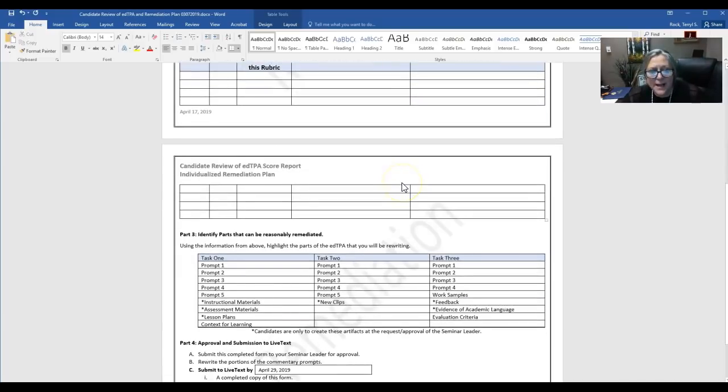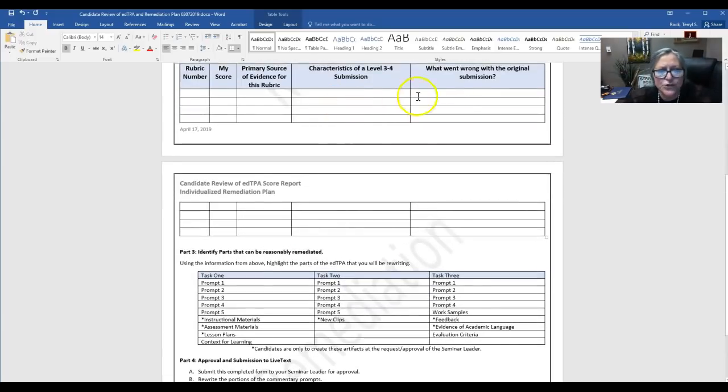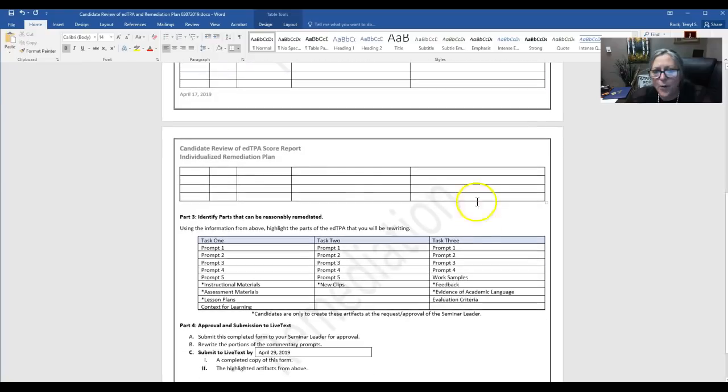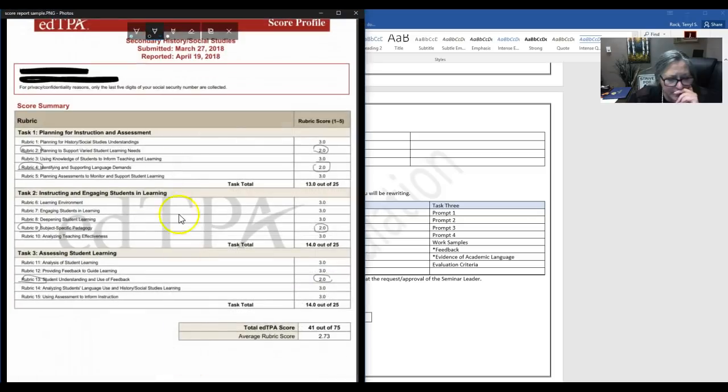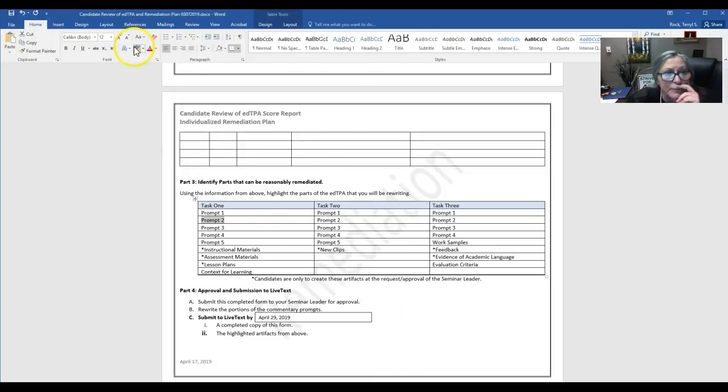Okay, and then down here, once you have reflected on what went wrong with those original submissions, then you're going to identify the parts that can be reasonably remediated. So have a discussion with your seminar leader about which of these you need to remediate. So if it was task 2, I would probably have you rewrite prompt 2. This student, I would probably have rewrite prompt 2, and I would have them rewrite prompt 4.